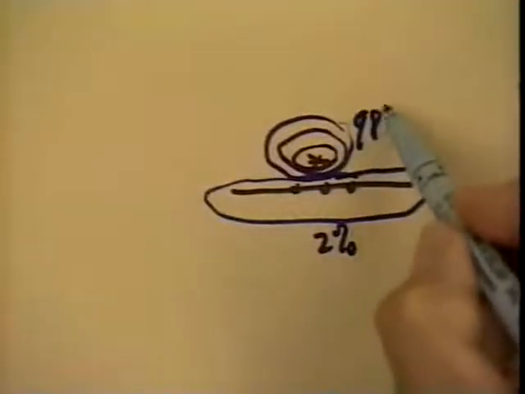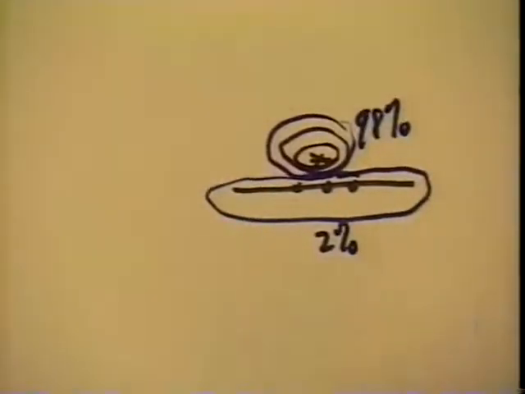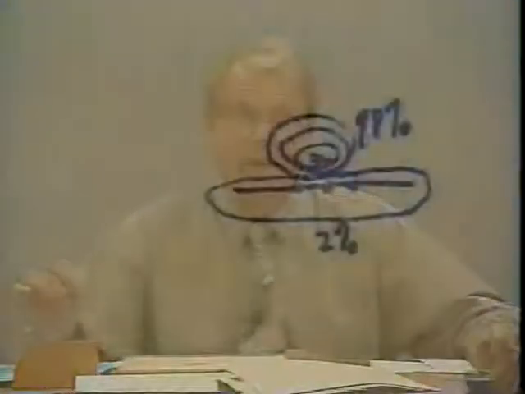This is 98%. It turns out that in many EMI problems, it's not what 98% of the current is doing, or in this case 98% of the flux. It's what the remaining 2% of the current is doing, or in this case, what the remaining 2% of the flux is doing. Where is that flux going? If that flux is not under control, and it's not in this case, then we're going to have a problem.